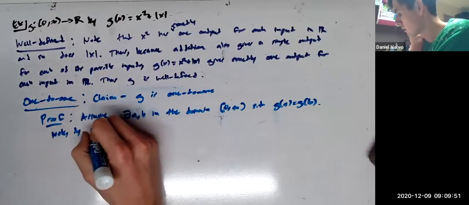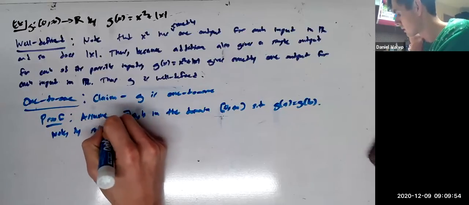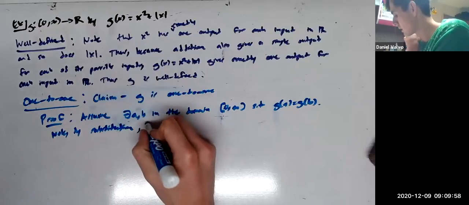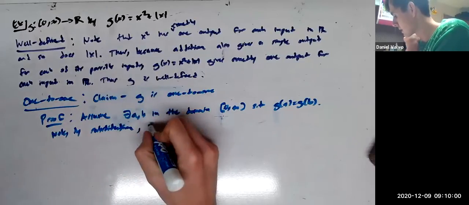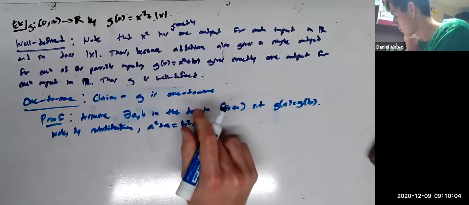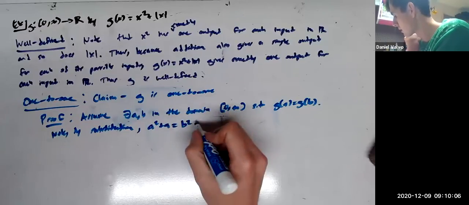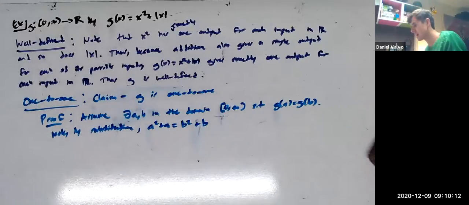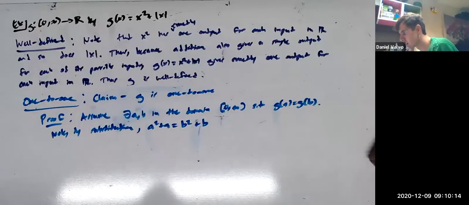Note by substitution, by the definition of G, this means that A squared plus A is going to equal B squared plus B.